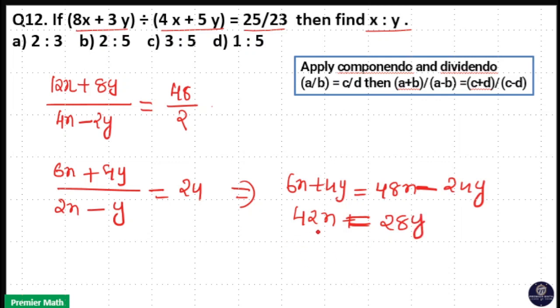So when you cancel with 14, 14 into 2 is 28, 14 into 3 is 42. That is x by y is equal to 2 by 3. So your answer is option A.